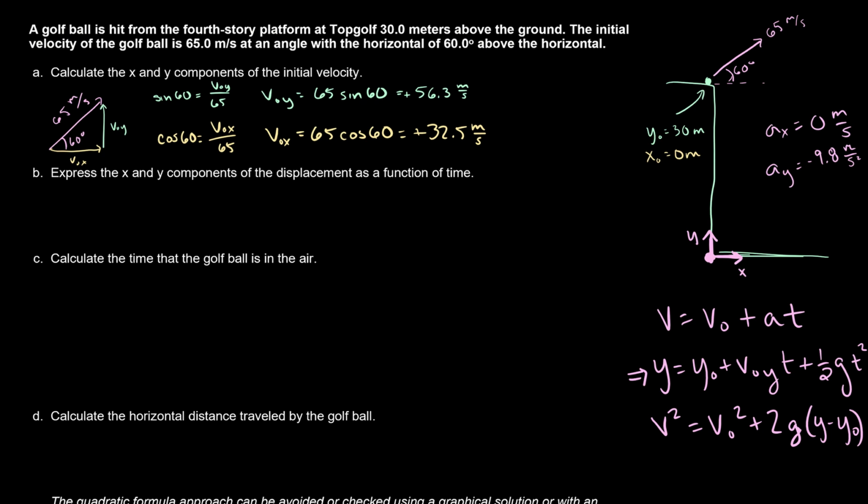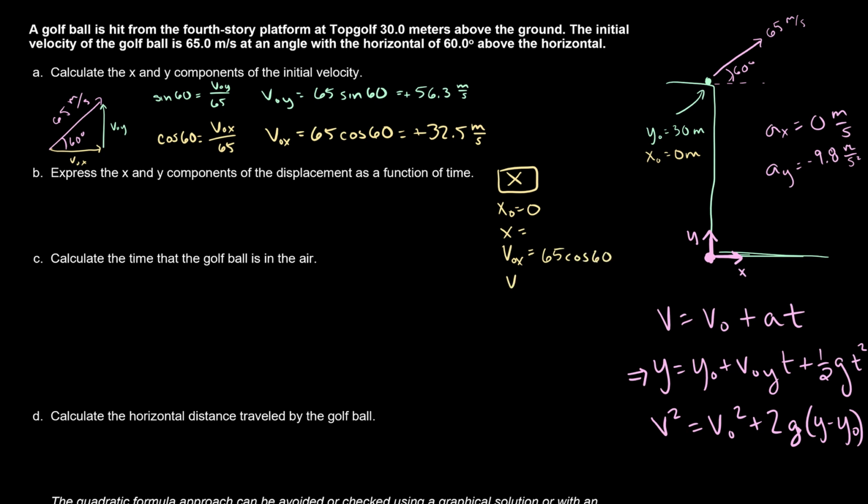So if we were to make a list of our variables in the x direction, we know x naught is 0. x, that's what we're going to find an equation for, x as a function of time. v naught x, we actually do know. It's 65 cosine 60.